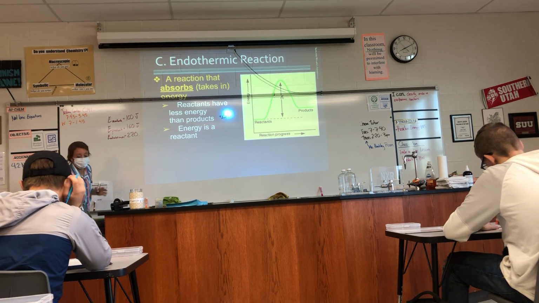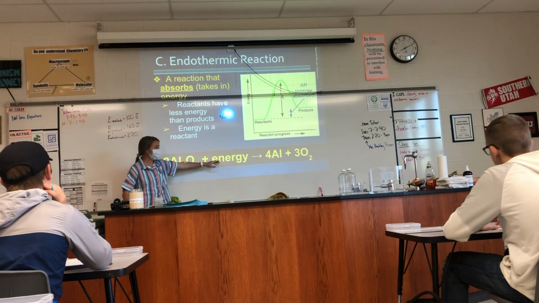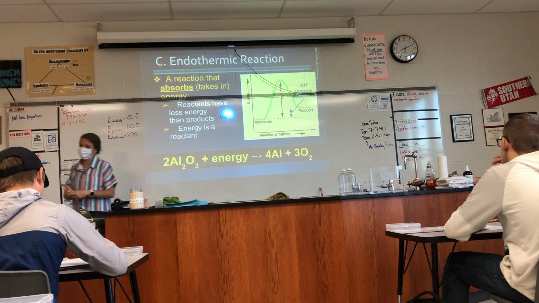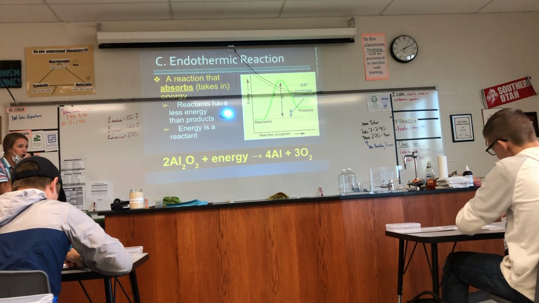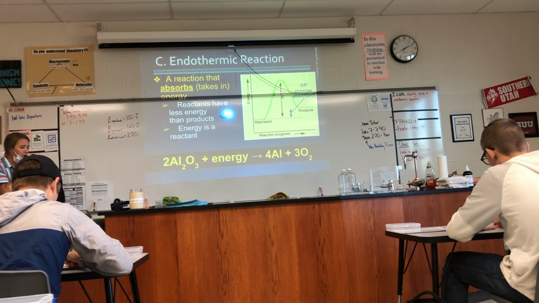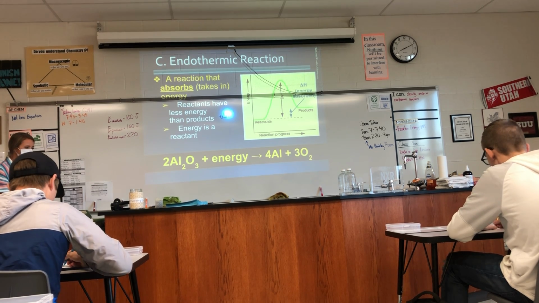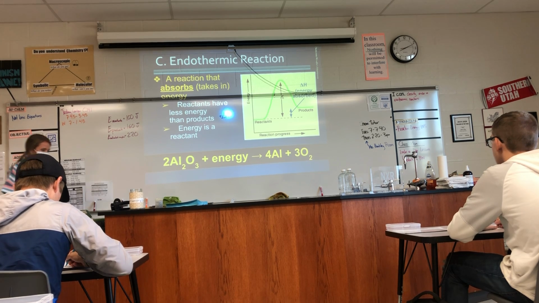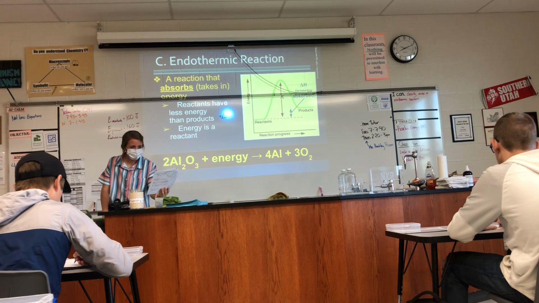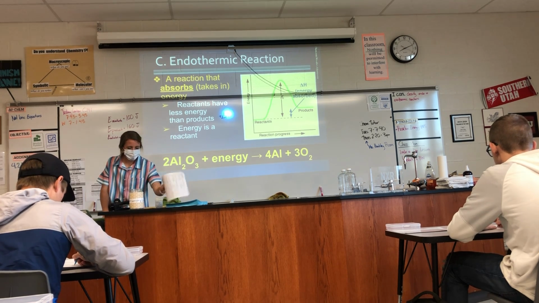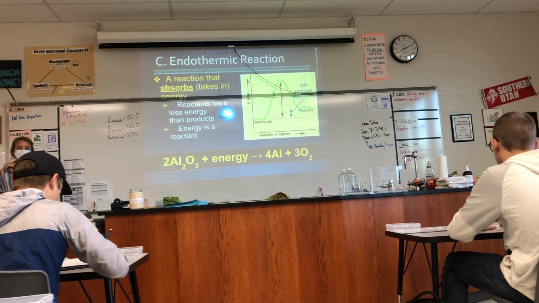In terms of a balanced chemical equation, the energy now is going to be a reactant. So it's going to be on the left side of that arrow. So write that down as an example. And then same thing with that energy.